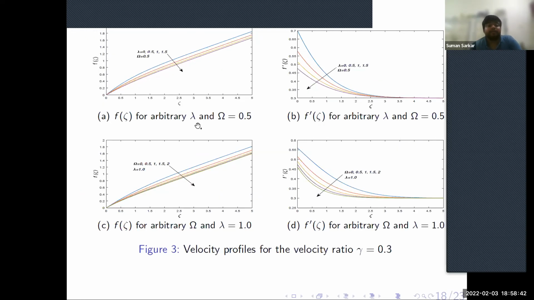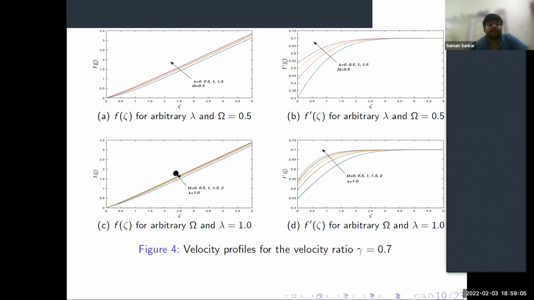In figure 3, in all the pictures, the velocity profiles are plotted for the velocity ratio parameter gamma equal to 0.3, and it is observed that all the velocities decrease for increasing values of the parameters omega and lambda.